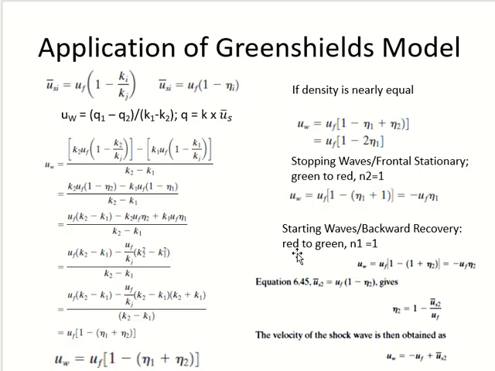Now in this equation, I know that eta is basically the ratio of k upon kj. So if it is eta 2, that means k2 upon kj, and if it is eta 1, that means k1 upon kj. Remember k1 is also here, and then you have k1 upon kj here as well.